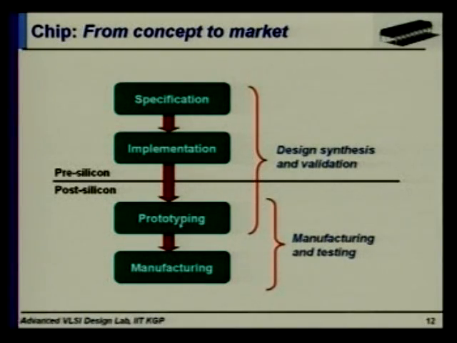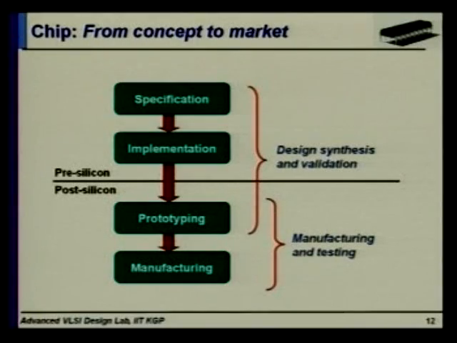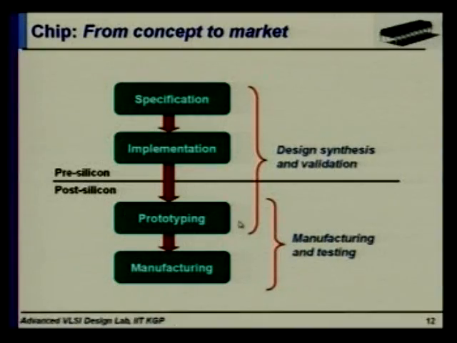Now there are two types of testing that we are talking about here. The first silicon is tested for design errors, whether there are errors in the design itself. The second, the manufacturing testing, is to make sure that the machine which is manufacturing the chips is producing exactly what has been designed. The first is more thorough because it tests all possible behaviors and makes sure that the design is correct.